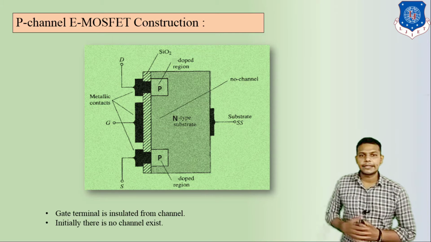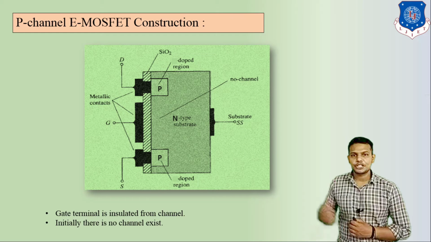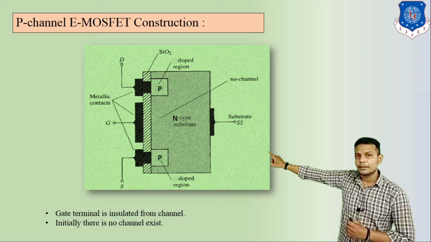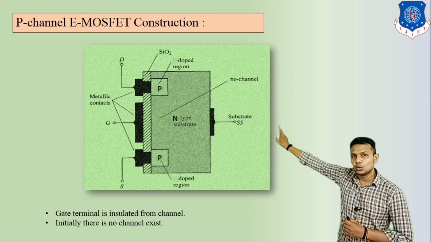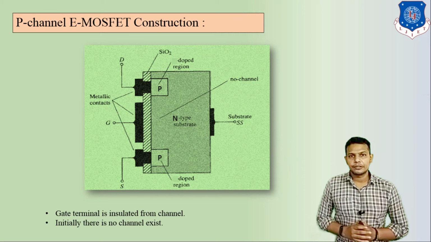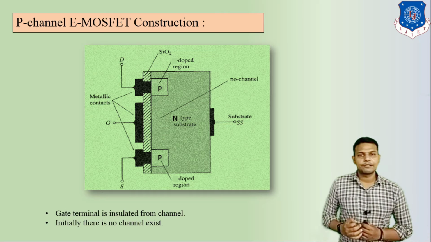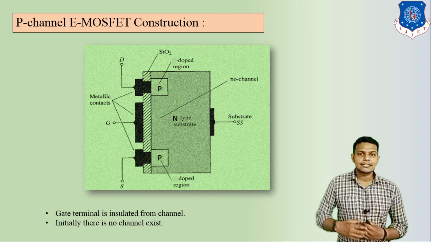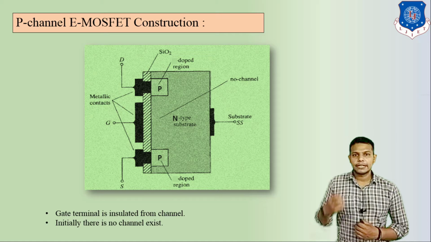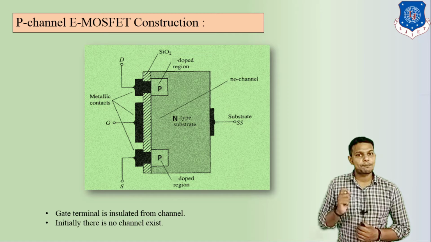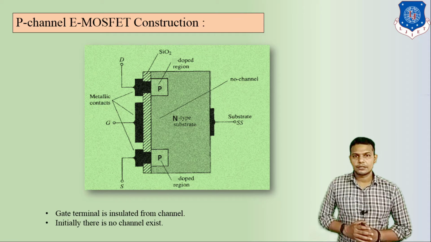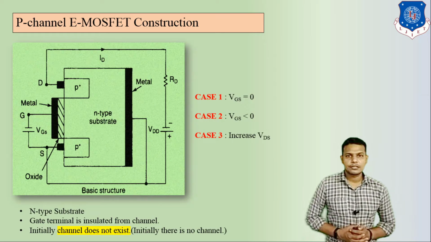Here we can see the gate terminal is insulated from the channel. But remember this thing, there is no channel present between the two P type regions. So this is the difference between the E-MOSFET and D-MOSFET. We saw in the previous lecture in D-MOSFET that the channel is present in between drain and source, but here the channel is absent. So this is the difference.